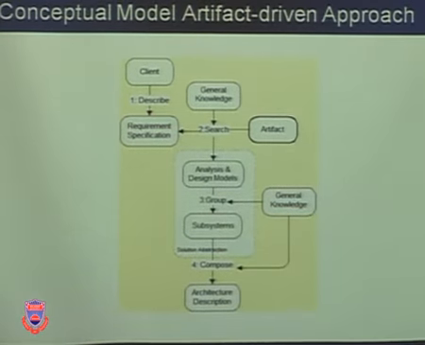If you take very old methods, for example OMT, object modeling technique, then typically they start to identify nouns in the requirement specification. Based on that, you get the grouping of these artifacts. There's lots of general knowledge applied here, and the composition of these components is called architecture.